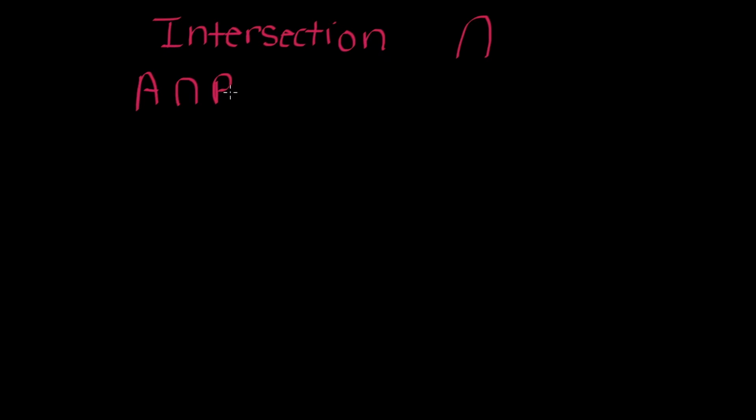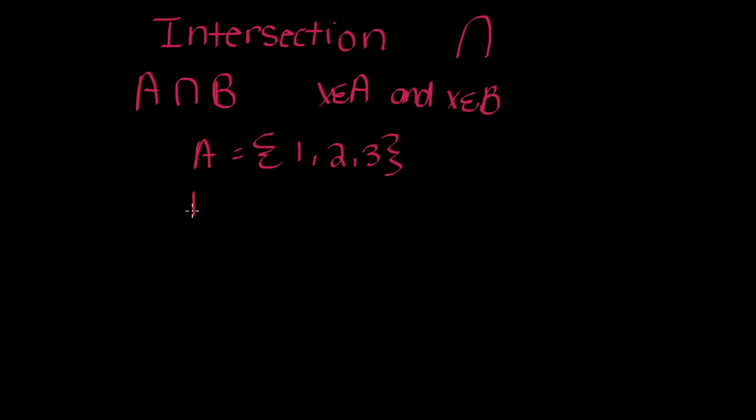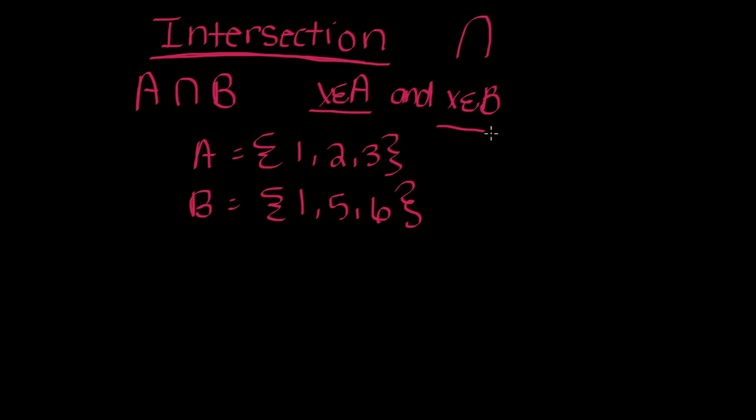So if we say A intersect B, assuming A and B are sets, this just means X is in A and X is in B. So if we have set A equal to 1, 2, 3, and set B equal to 1, 5, 6, the intersection of the two would be what they both have, the element that's in A and in B. So when we make this set A intersect B, we should get only the elements that are in both A and B. And in this situation, the only element that we have the same would be 1.